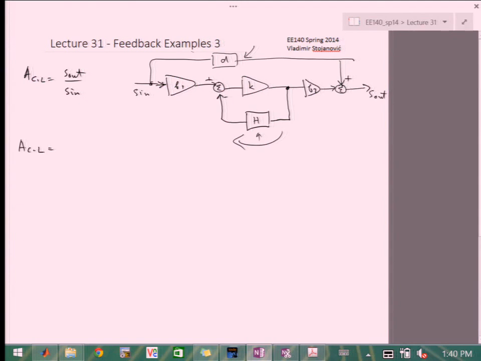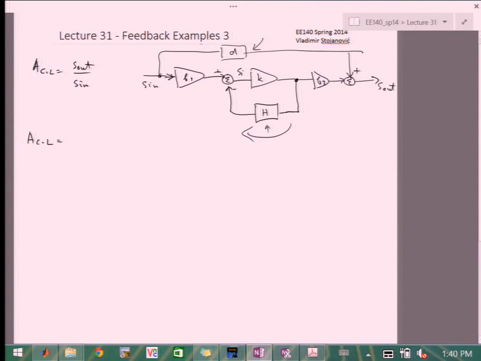After you relate the SI and SJ with these blocks and input and output signals, the gain looks something like this: B1 K B2 over 1 plus KH, and then you add D, which is an independent feed-forward path.